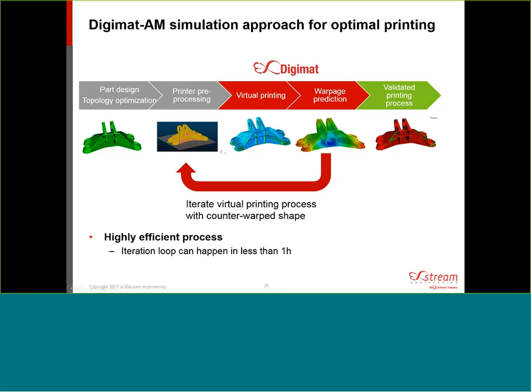Okay. And so you might want to iterate and do several loops. The good news is that this is a highly efficient process, so the iteration loop can happen in less than 1 hour because the simulation approach is very efficient through the multi-scale modeling.